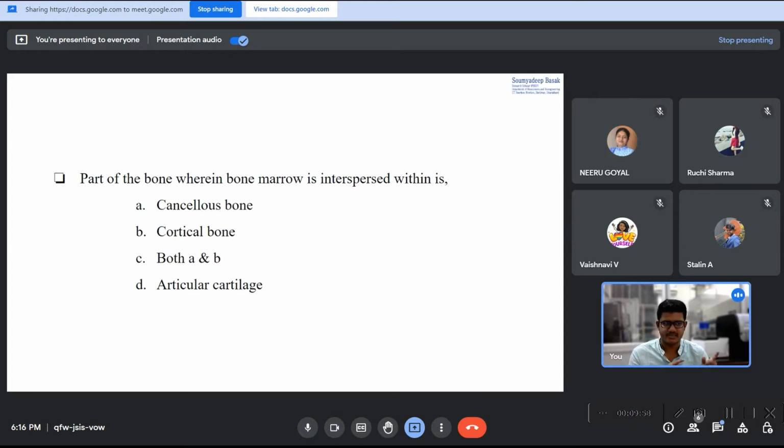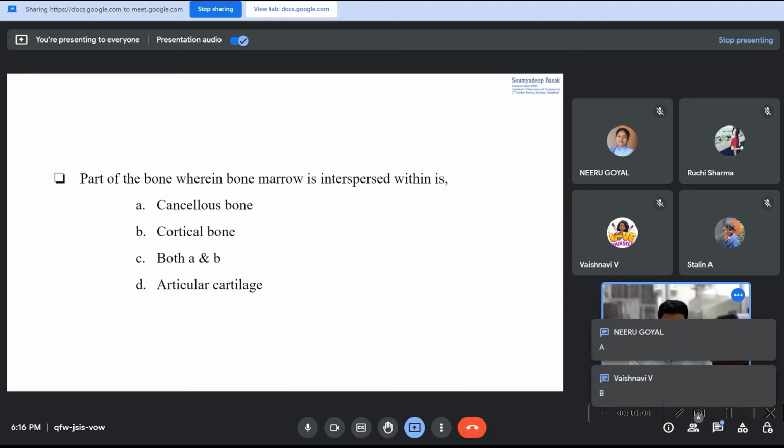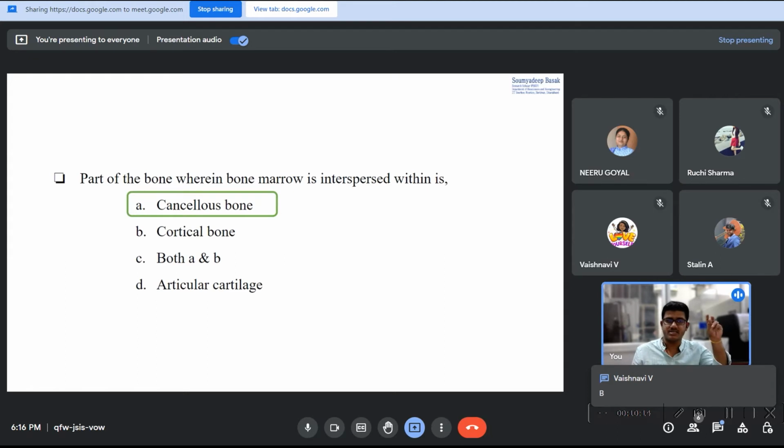Another question is: the part of the bone wherein bone marrow is interspersed within. Which part? Cancellous, cortical, both A and B, or articular cartilage. Where can we find the bone marrow? Cancellous bone is porous in nature, where bone marrow cells can come in, and there are various stem cells involved, that part of the lecture. Right?